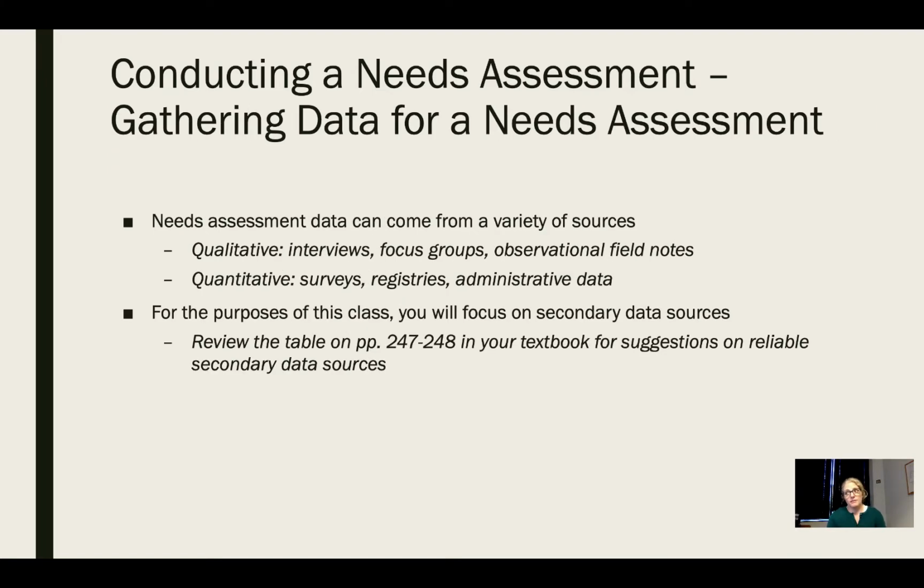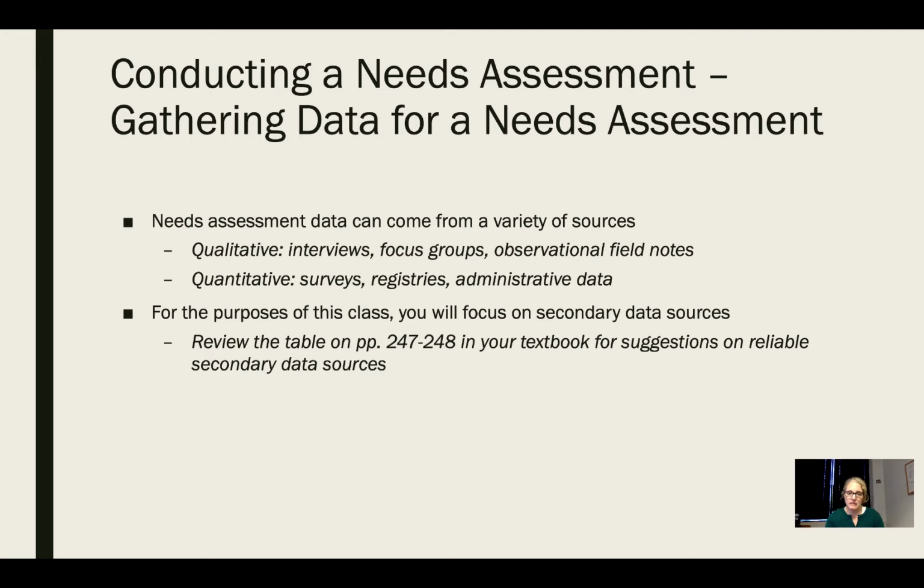So when you're gathering data for your needs assessment, there are a few different ways you can do it. First of all, you can use qualitative methods, which would include interviews, focus groups, observational field notes, and then of course quantitative data, which would be surveys, registries, administrative data. For this class, you're going to primarily focus on secondary data sources. So this is data that's already been collected.